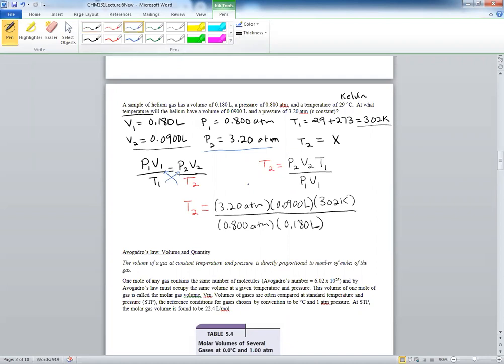So if you notice here, the units cancel out, the units of atm and liters, we're left with K, which is the temperature. So when you do this calculation, let's plug it in, let's show you how to do it.